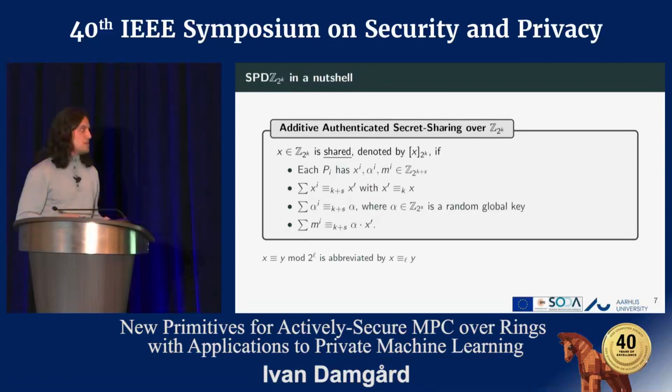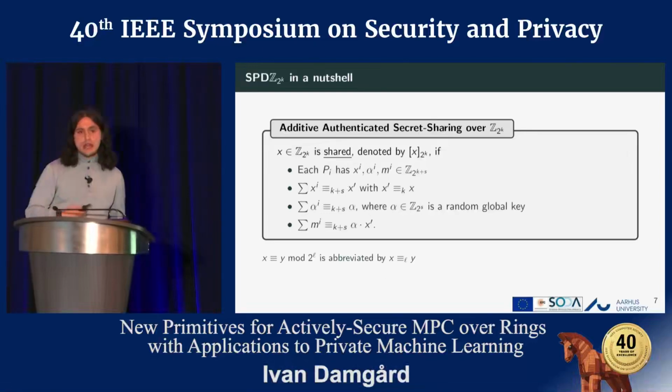That's very similar to SPDZ, and SPDZ is just the same, except that here instead of x', you have x. Now, all parties have additive shares, but they also have additive shares of a key, which is going to be global for the whole computation of the circuit, and also random. And they also have additive shares of a MAC of x', where the MAC is alpha, the key, times x'. So this is the secret sharing scheme, again, very similar to the one used in other protocols.